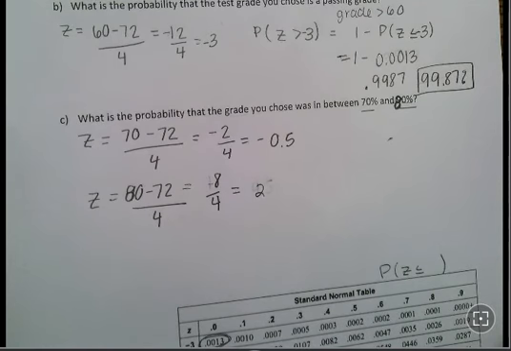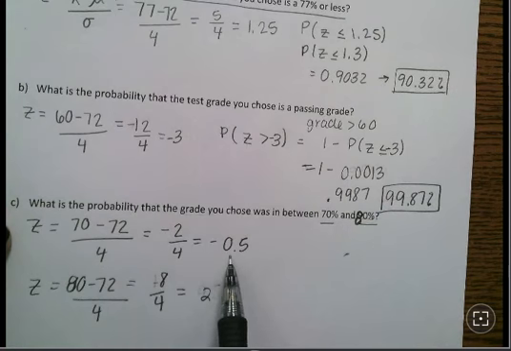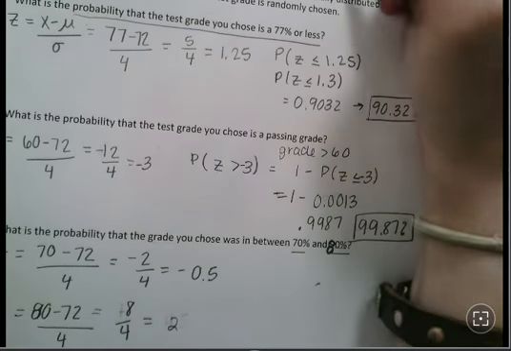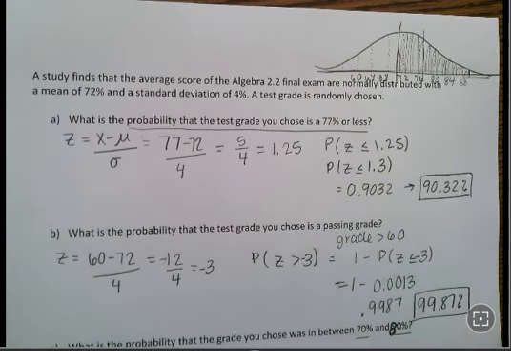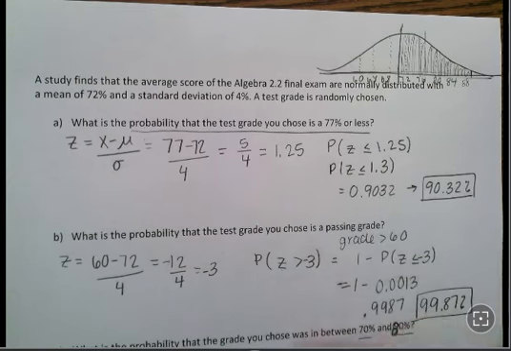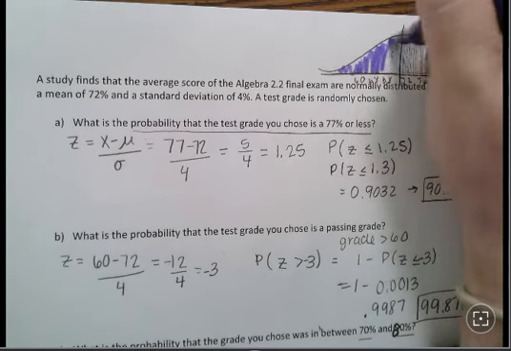So what this means is, if we use this z-score, that's the probability that we're less than 70. I'm going to use a color so that you can see. That's this right here, which is not what we want.